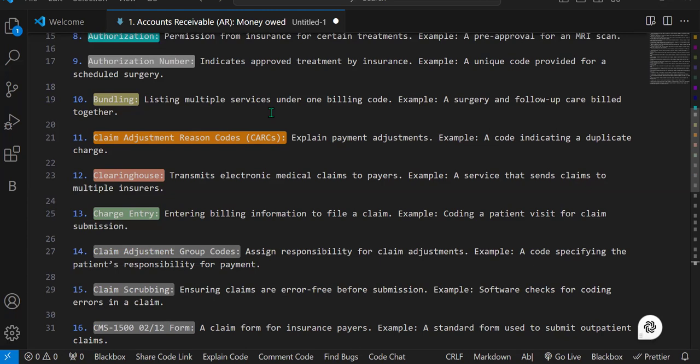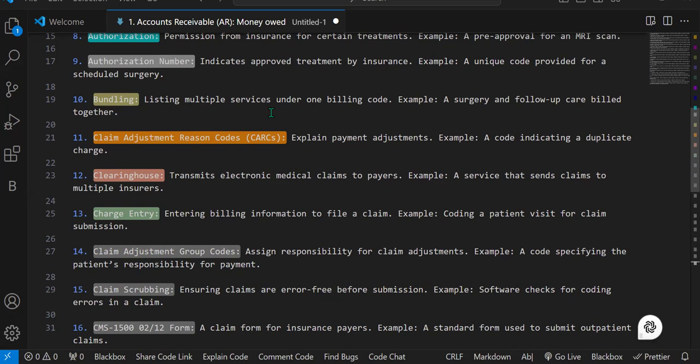Charge entry. What is charge entry? Entering billing information to file a claim. For example, a patient goes to the hospital and gets services, and after the services, the billing information is entered to file a claim.